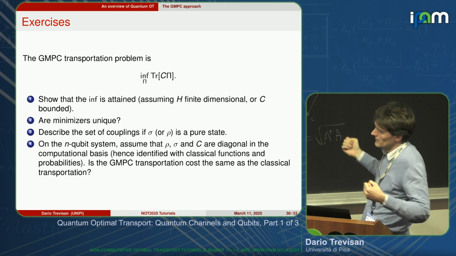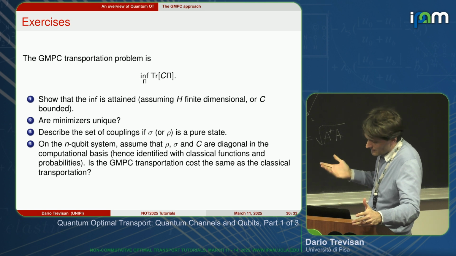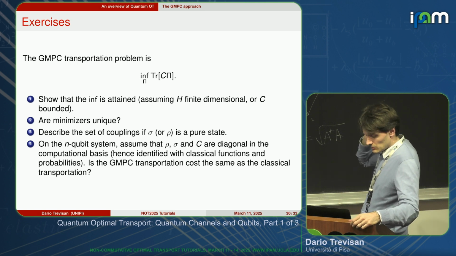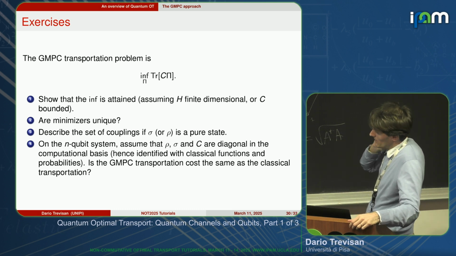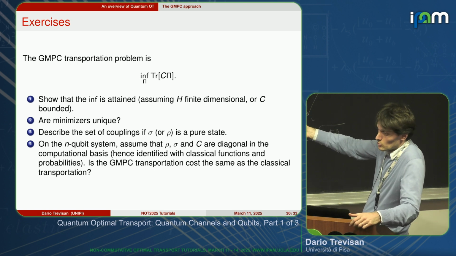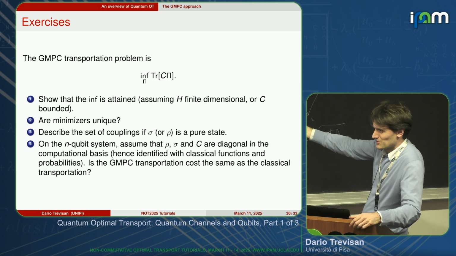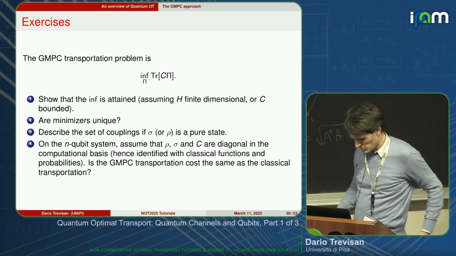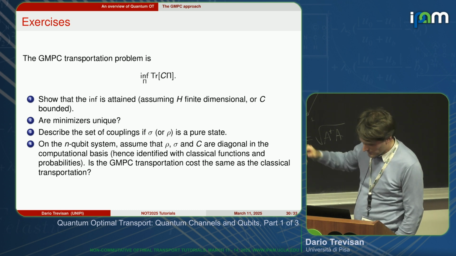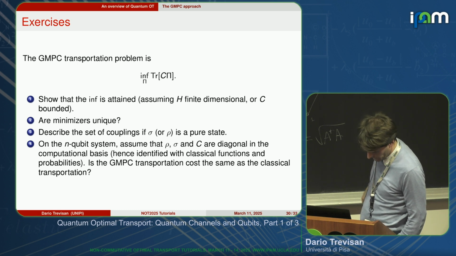Since you're minimizing over a larger set of couplings, you expect this infimum to be cheaper. I think what they work out is a specific example. So it might be interesting to understand under which conditions. Is it always cheaper? Of course, if C is 0, it cannot be cheaper because if the cost is 0, it will always be 0. So it will be interesting to understand when the quantum case is cheaper than the classical one in more general conditions.